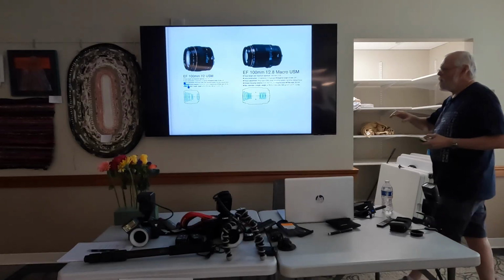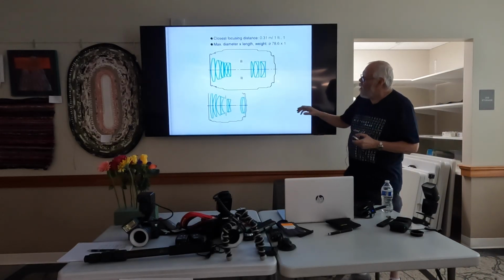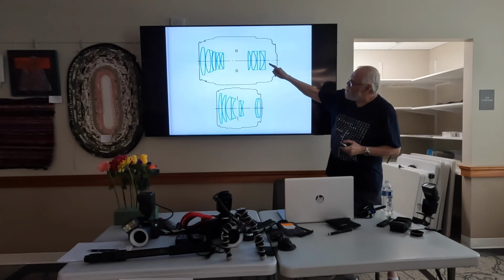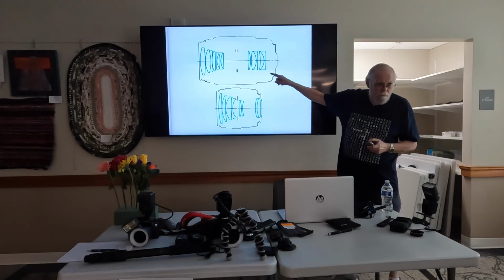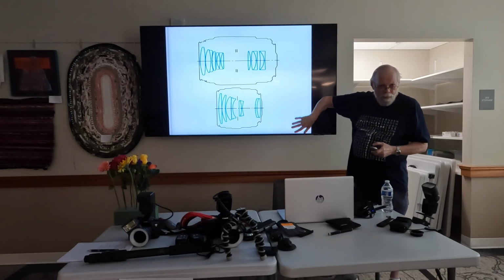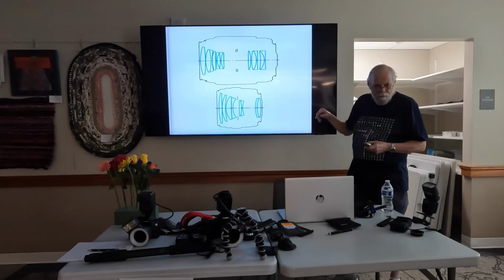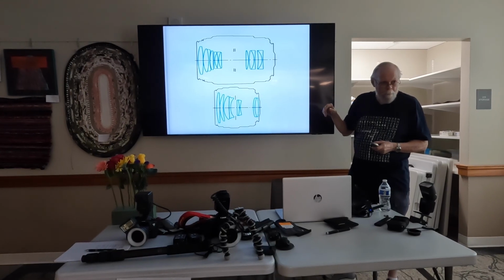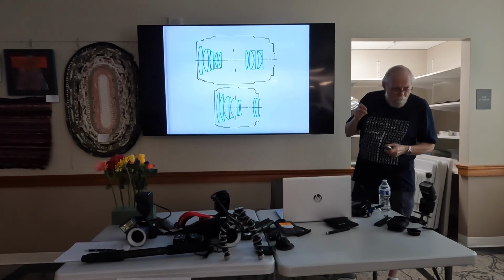So what I want you to concentrate on is this. See the structure of the elements? Study the structure. Do you see anything in one or not the other? What do you see? Different shape of elements.